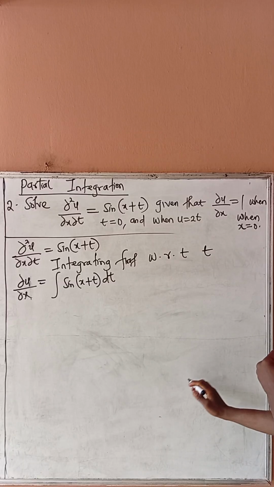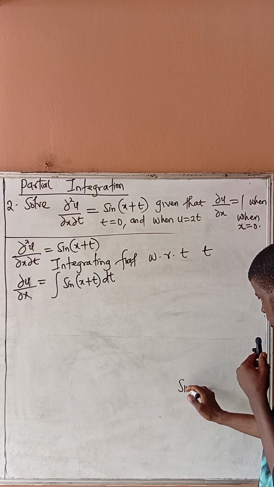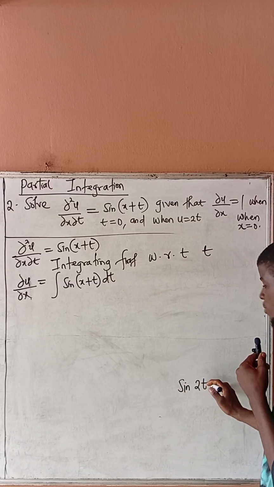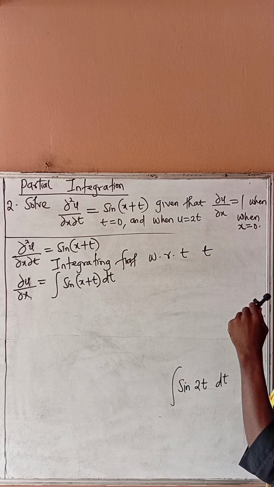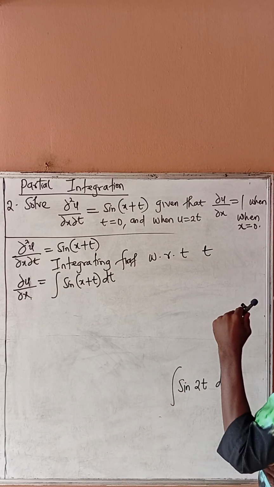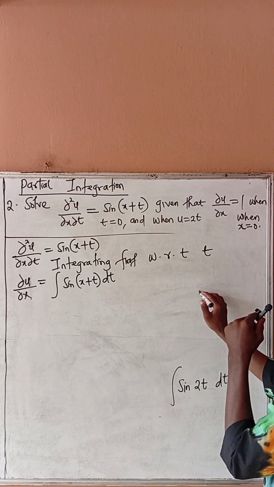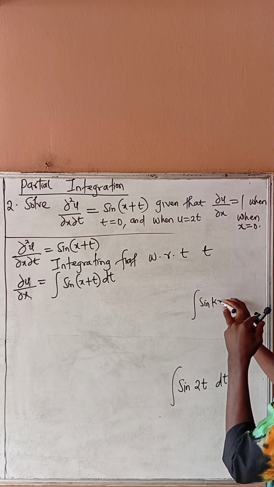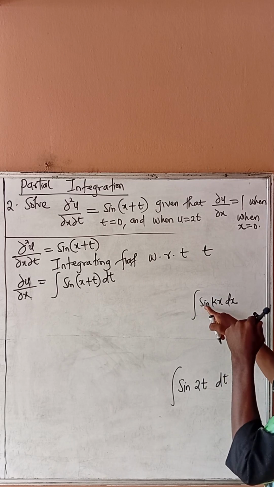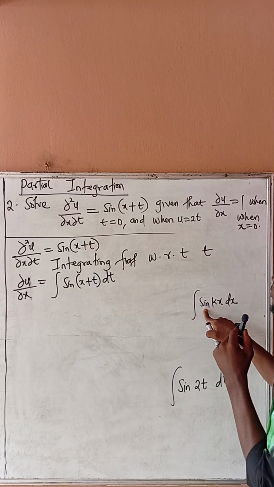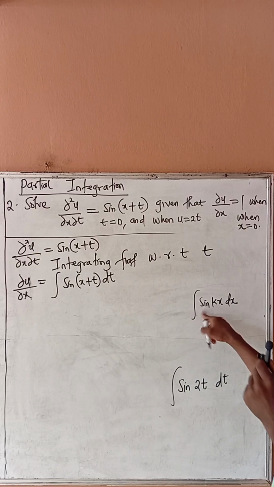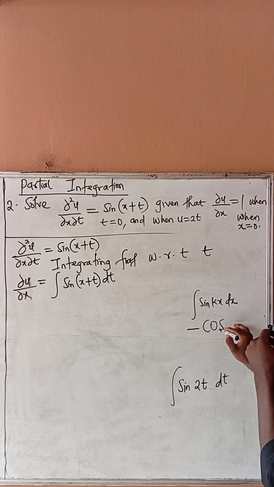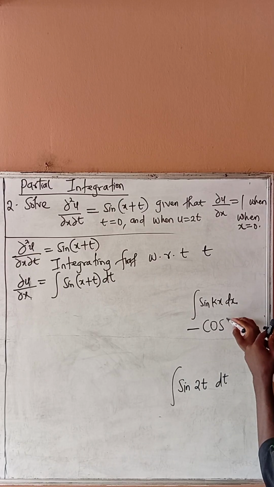You know, if I have something like, let's say, sine 2t, I want to integrate this with respect to t. What does the rule of integration say? Basically, if I have the integral of sine kx dx, if I integrate the sine function, differentiate sine to get cosine, integrate sine to get negative cosine, I'm going to get negative cosine of kx.